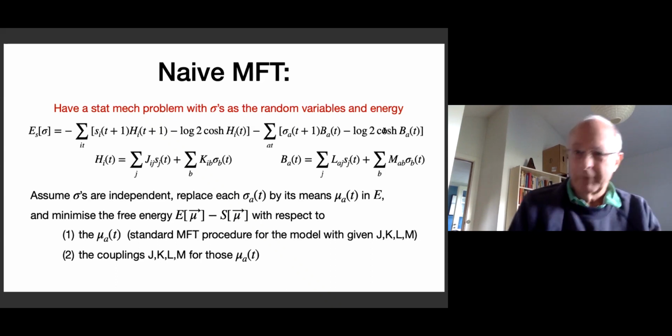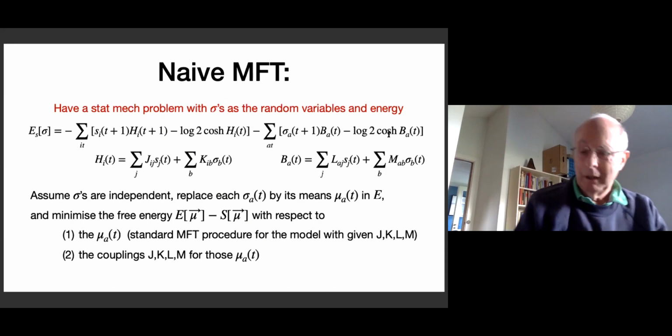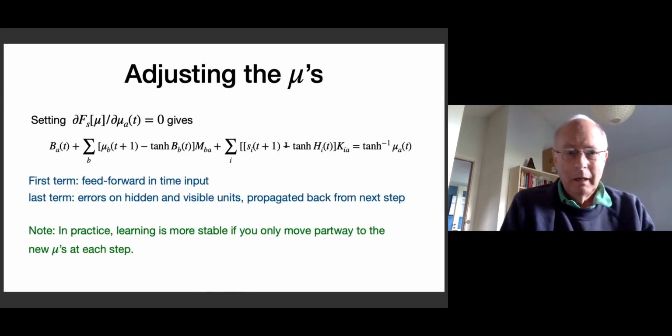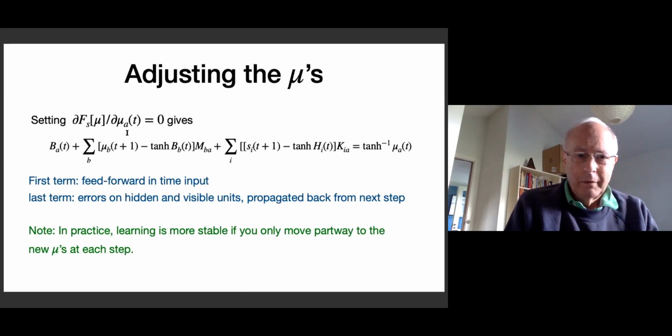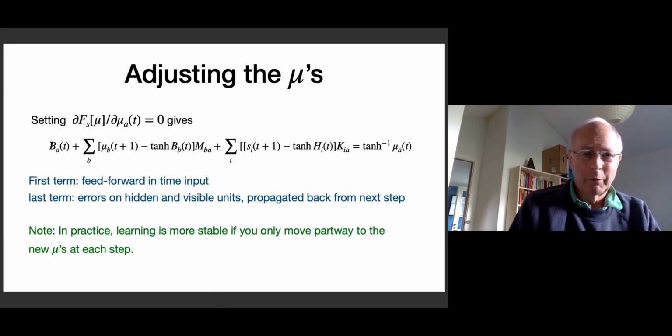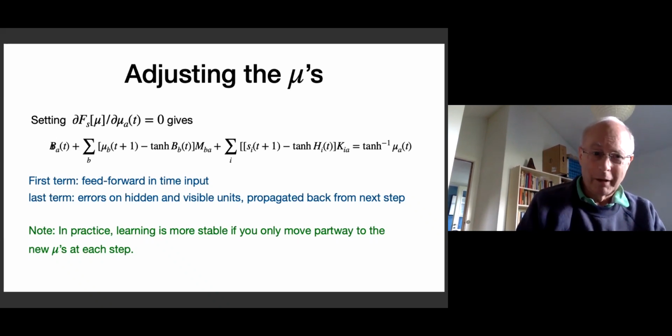Again, you have to differentiate the b with respect to mu, so in both cases you get db d mu, and so you wind up with this error on the input at the next time step times the m. Okay, and the same thing happens in the other term. You get the error on the output times the k. Okay, so this is the term you would have just looking at the feed forward thing.